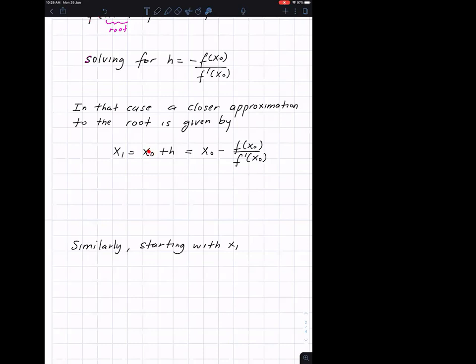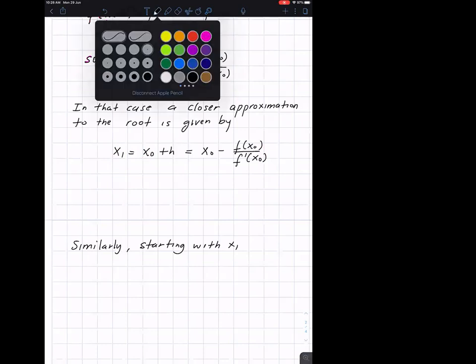After you find x1, then you can find x2 using x1.